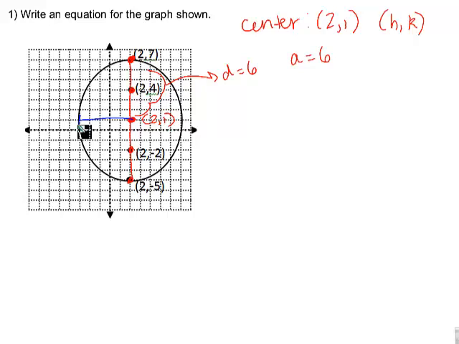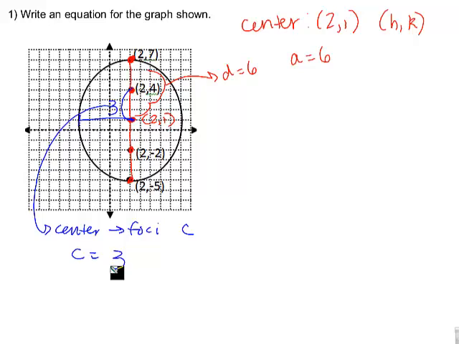So what's the distance from the center to the foci point? 3. That distance from the center to the foci point represents c. So c here would equal 3. And then we can use c squared equals a squared minus b squared to figure out what b should be.